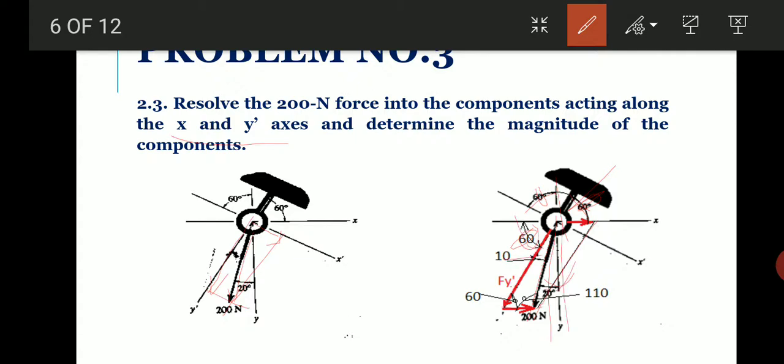So this angle is equal to 10 degrees, since this angle is equal to 90. So 90 minus 60 minus 20 is equal to 10 degrees.